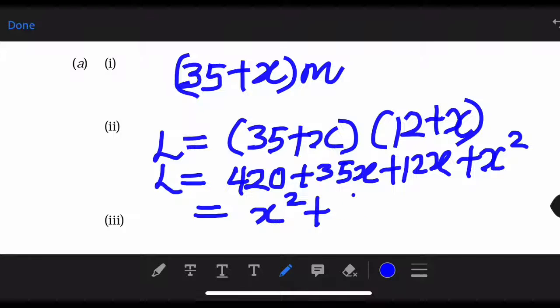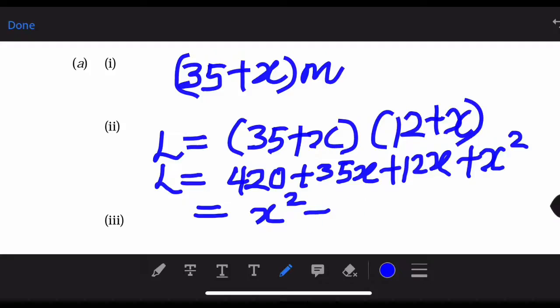Okay, so let's answer the question. The question is asking to determine whether the budget is sufficient.